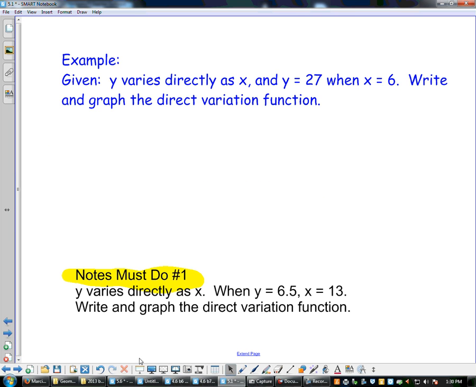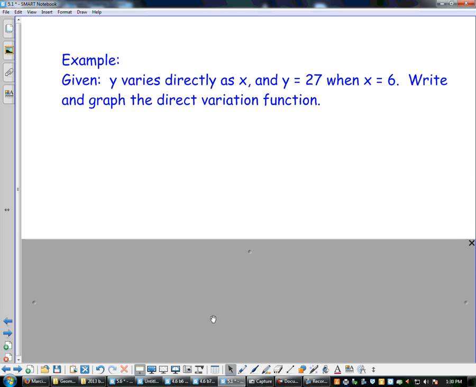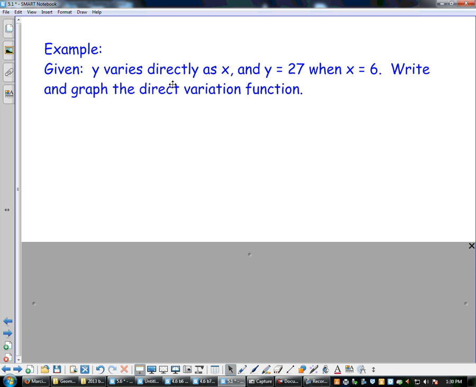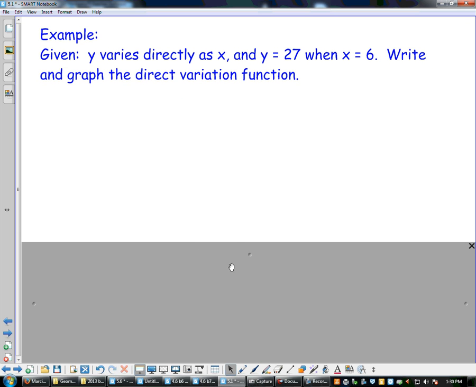Let's take a look at an example. Given y varies directly as x, and y equals 27 when x equals 6, write and graph the direct variation function. As soon as you see that y varies directly as x, you should immediately write down your equation, which is y equals k times x.